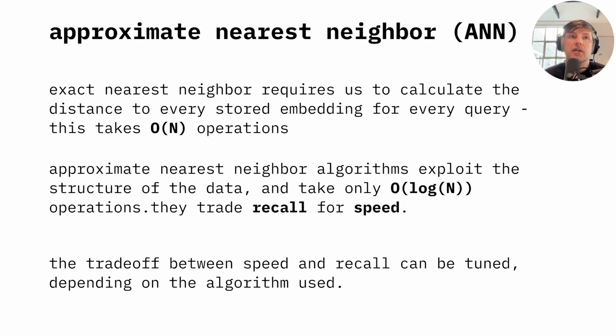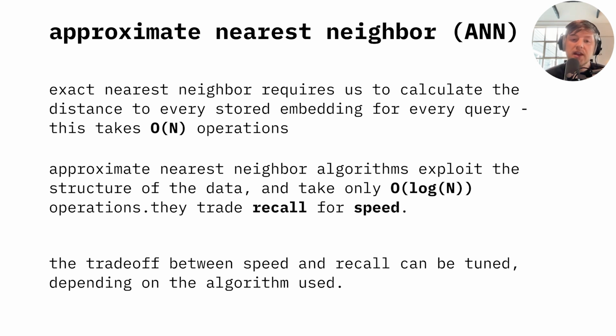That takes O(n) operations, commonly called linear time, where n is the number of embeddings you already have. Embedding stores typically use an approximate nearest neighbor algorithm. And basically what they do is they exploit the underlying structure of the data that you have stored, and they take only log n operations. In other words, they're sublinear. It's a lot less expensive to do an O(log n) lookup than it is to scan the entire list.